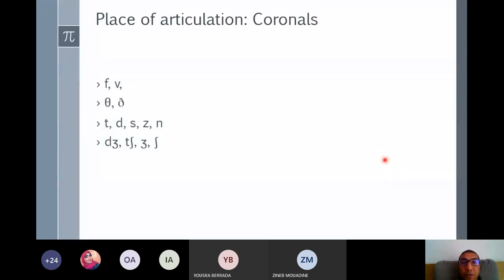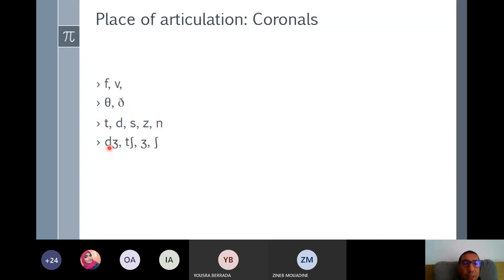A review of the place of articulation of coronals. How do we characterize place of articulation of these segments? Recall that f and v are labiodental. Dental. Yeah, the dentals, and here f and v are interdentals.